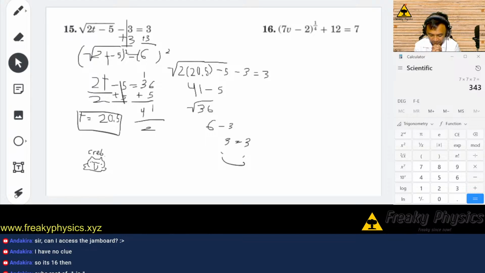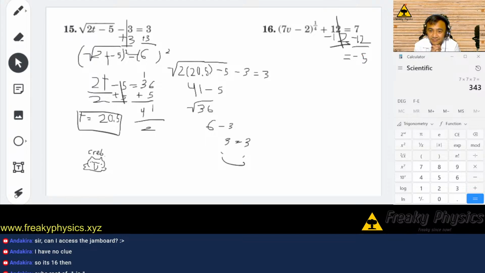Make it quick. So you'll move the 12. Negative 5. I don't know where I got 15.